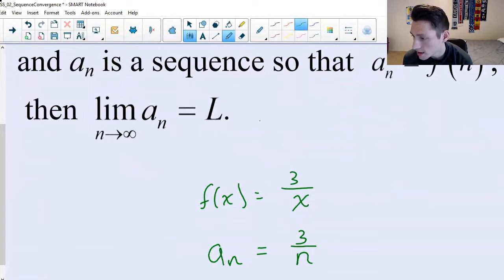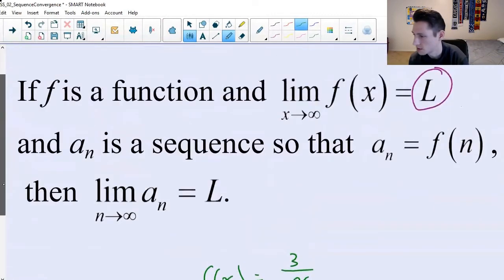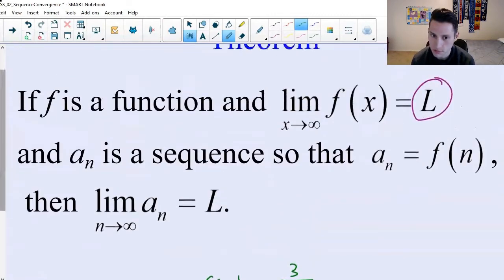Is L a thing or is L a constant? L is a constant, yeah, whenever we talk about the limit equals an actual constant number. Unless I'm misunderstanding your question. Oh, I see. No, L doesn't represent one specific number. We're just using L because it's short for limit.